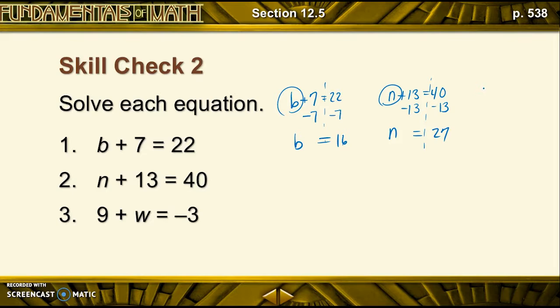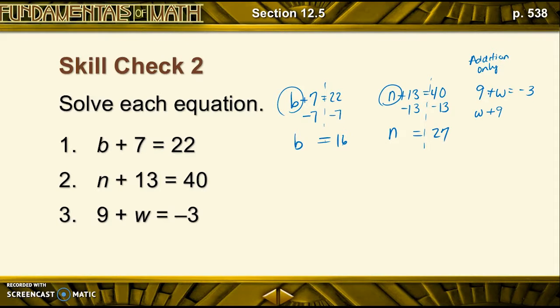And the last one, 9 plus w equals negative 3. Now if this throws you off, you can say, well, this is a positive 9, so I need a negative 9 value, or to subtract 9. Or remember our commutative property, whenever this is addition, and addition only, for right now, addition only, if it just makes you more comfortable to see w plus 9, because it's a positive 9, you can flip those around.